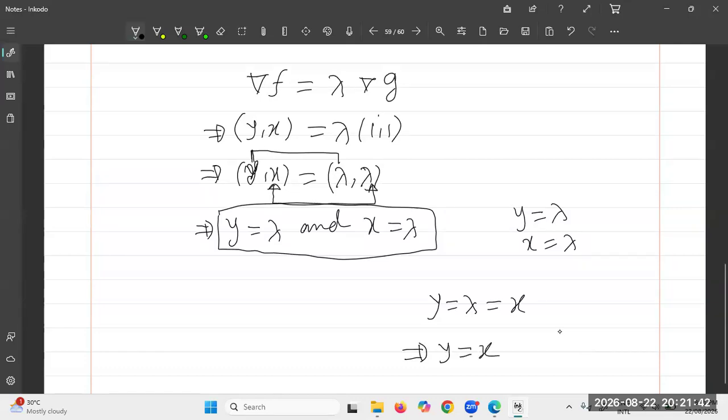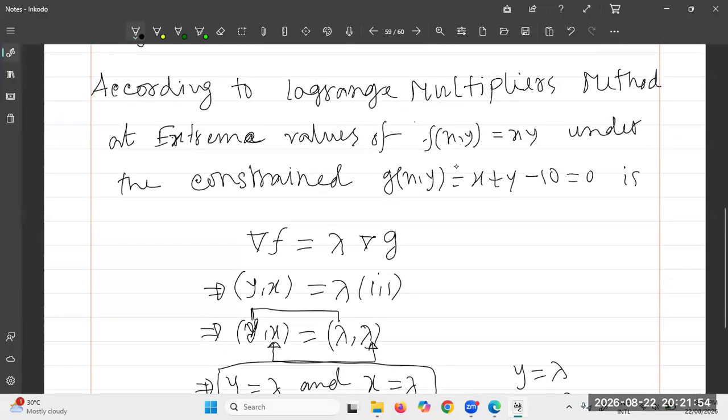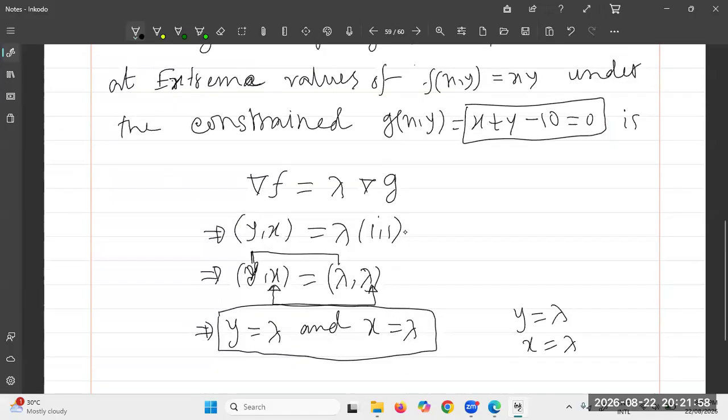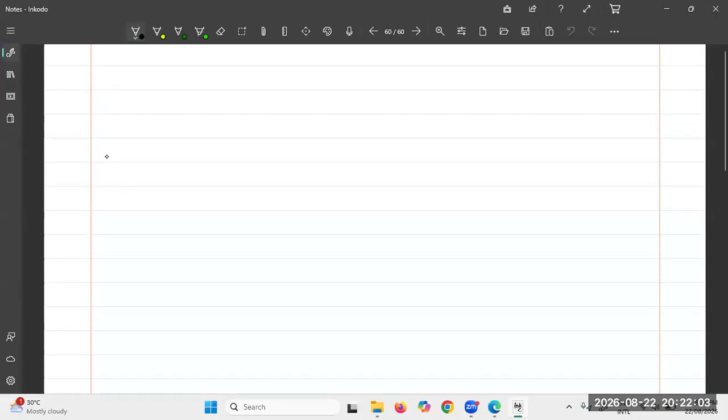So at extremum values of function f(x, y) under the given restriction, the values of x and y must be the same. We just need to put this relation y equal to x into the constraint, and we will get the point (x, y). Put y equal to x into the constraint g(x, y) equal to 0.